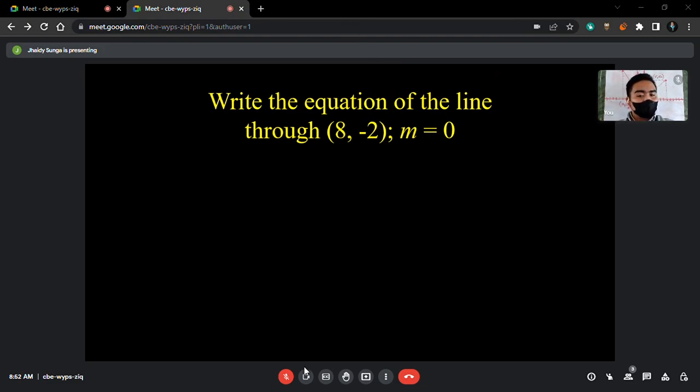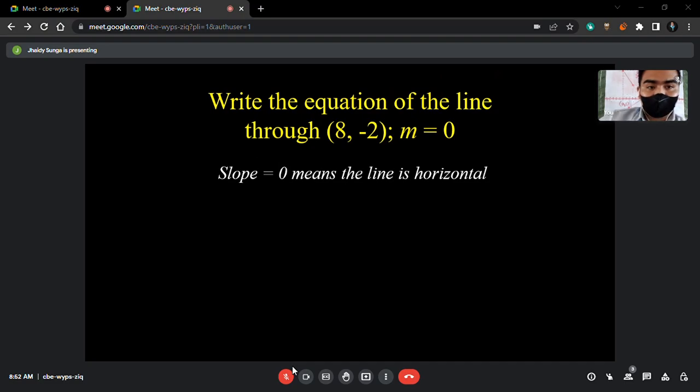Take note that the slope is 0. So it means the line is what? Horizontal. Isn't it that we say that if the slope is 0, we could say that that is horizontal? So if that's the case, slope is 0, only horizontal, what are we going to have?